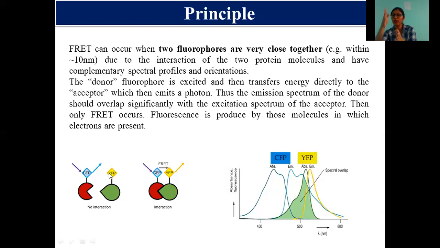So we get the overlapping spectrum between these two proteins. When two proteins labeled with these two fluorophore molecules interact with each other, they come close together, and only then do you get the overlapping spectrum, like this green color. So this is about the principle of FRET.